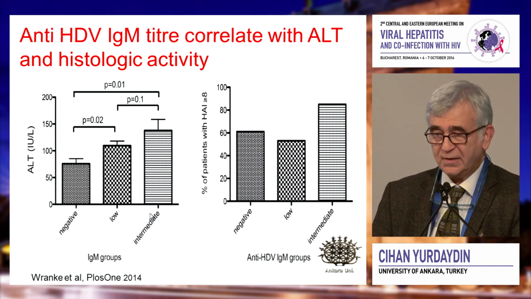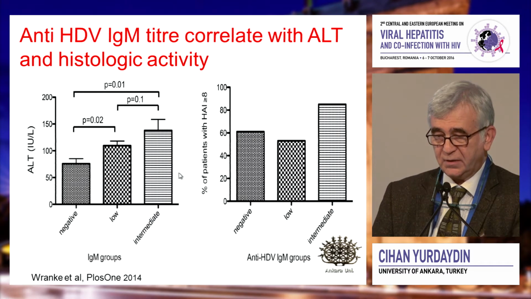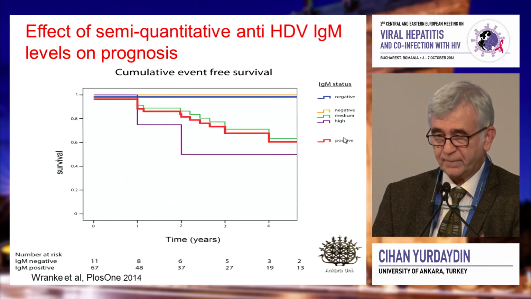Now, in terms of anti-HDV IgM, these studies clearly show that anti-HDV IgM titer correlates with ALT, shown here, and to some extent with histological activity. And semi-quantitative anti-HDV IgM levels appear to also affect prognosis. So the higher anti-HDV IgM levels are, the worse the prognosis is.